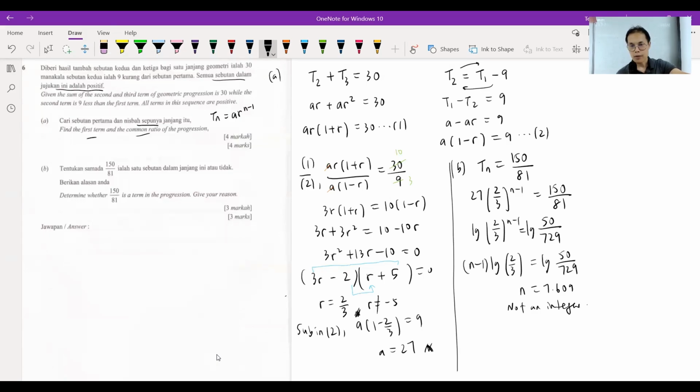So we know that this is not a term in the progression. Or you can say in bahasa, bukan suatu sebutan dalam janjang. Just copy this. As long as it's not an integer, we know it's not part of the terms in the progression.